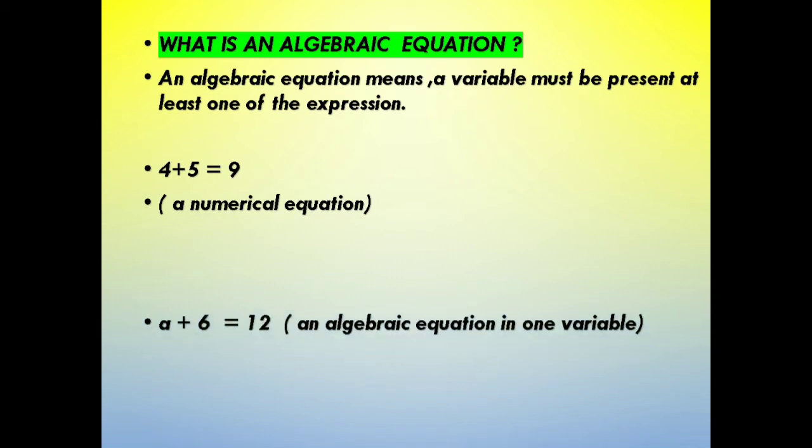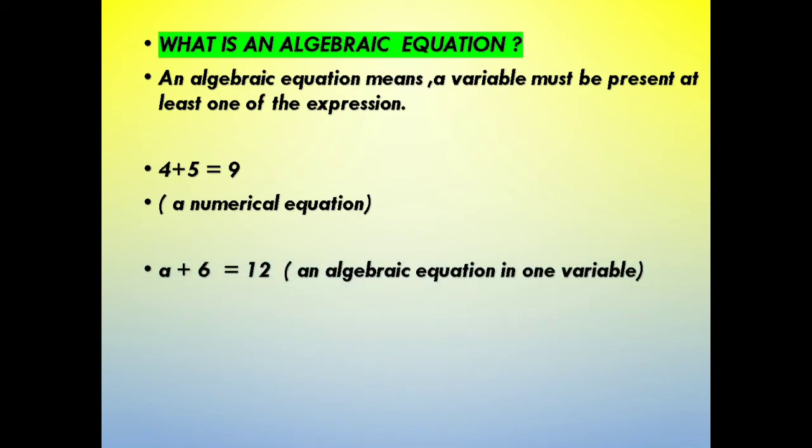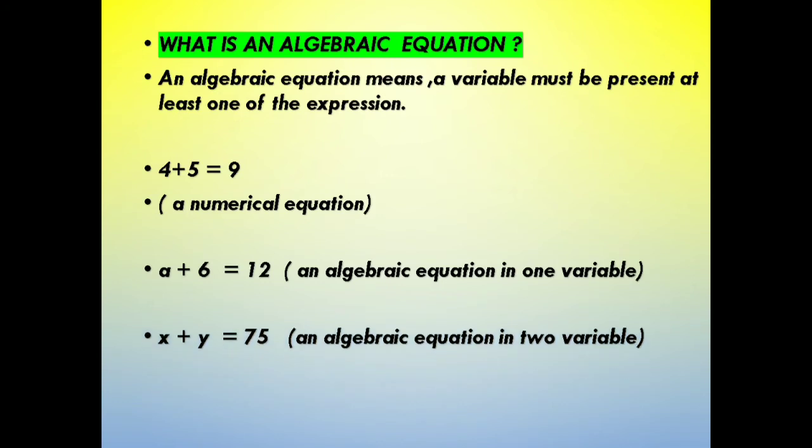Now another example, a plus 6 equal to 12. This is an algebraic equation in one variable, because here a has not been given any numerical value or fixed quantity, and 6 and 12 are constants. Now x plus y equal to 75.